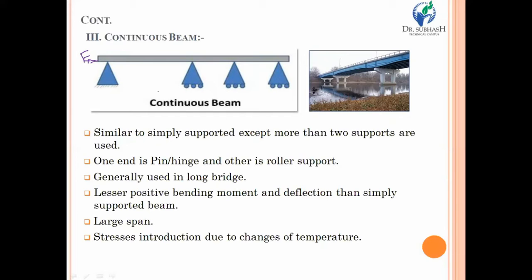So it clearly means that it offers horizontal resistance at that particular point. Second and most important thing about the continuous beam is that the bending moment is less and the deflection is also less, if we compare both of these terms, bending moment and deflection, with a simply supported beam.